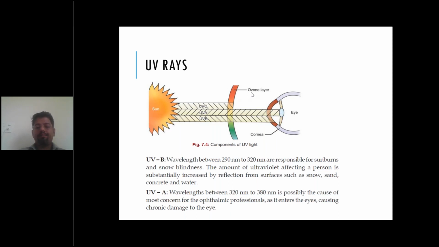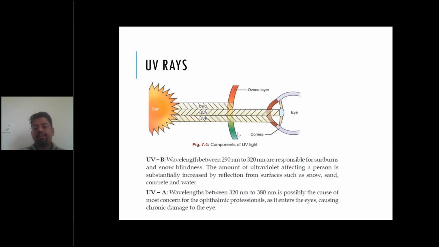UVC is one of the most dangerous and should not reach the human eye or human skin at all. That is why we are so concerned about the ozone layer, that there should be no hole in it, otherwise UVC light will directly hit our eyes and skin, which is more dangerous.